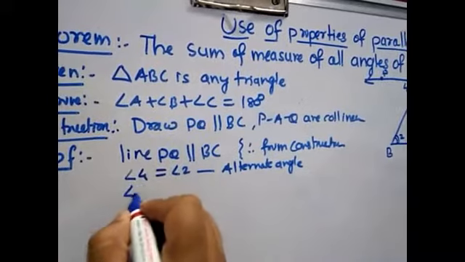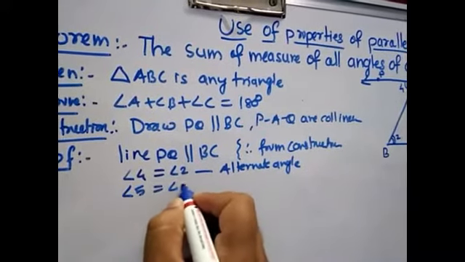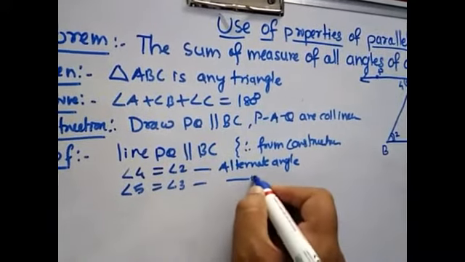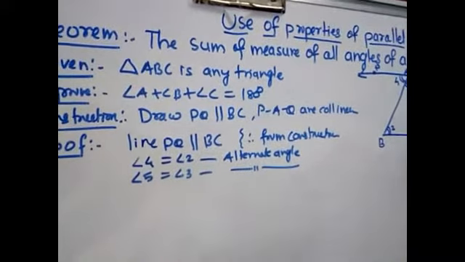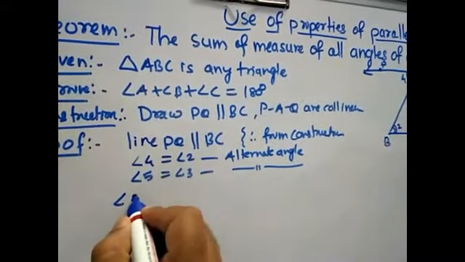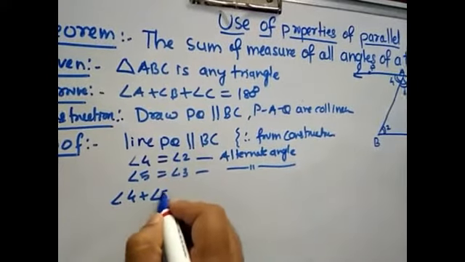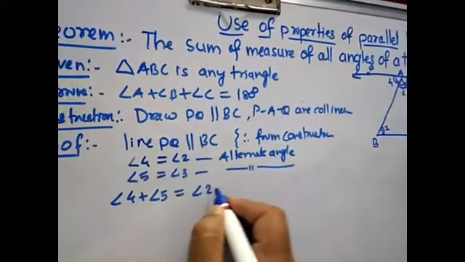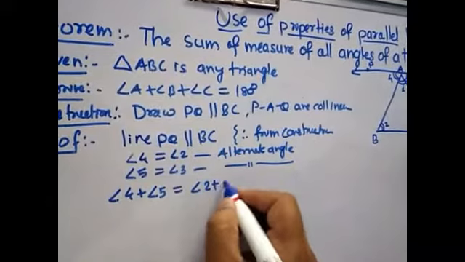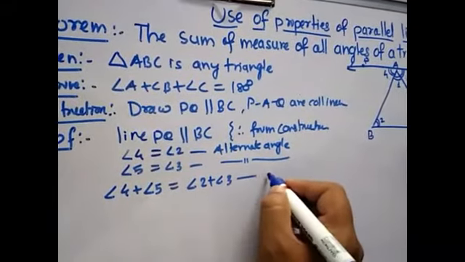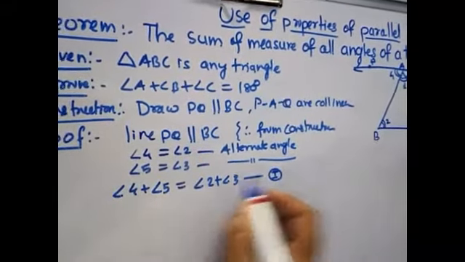Angle 5 is equal to angle 3, again an alternate angle. So angle 4 plus angle 5 is equal to angle 2 plus angle 3. Call that equation number 1.